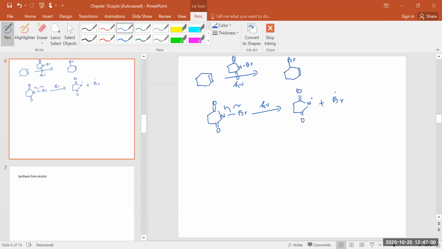Okay, so this second step will be the abstracting of the hydrogen to make an allylic free radical. Okay, and why does this form? Because this allylic free radical can be resonance stabilized.